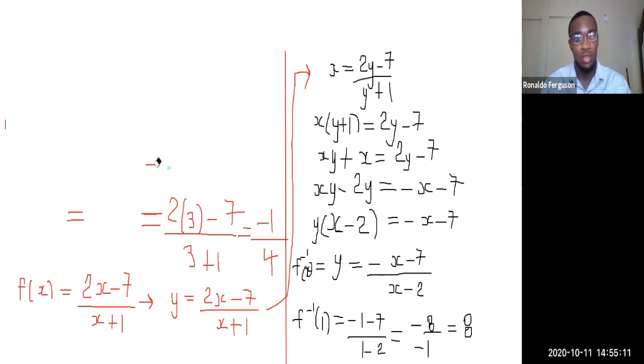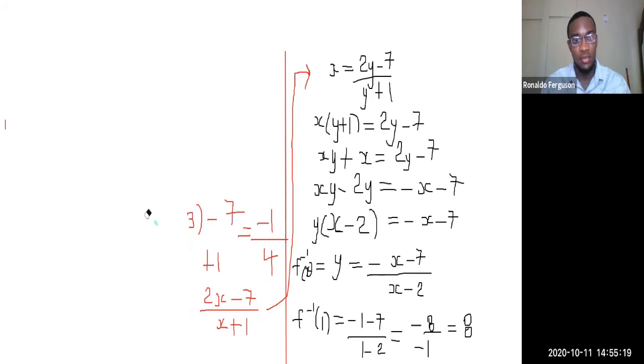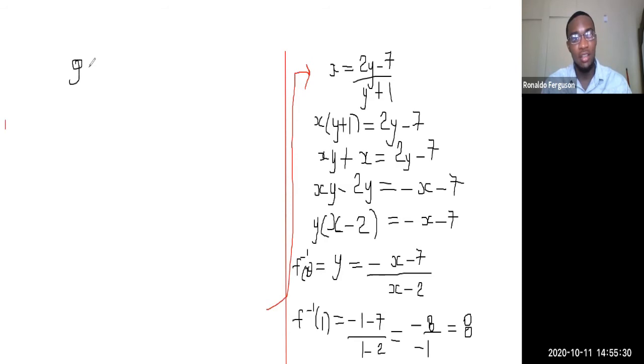I mistakenly took away the question, but I remember what the function was anyway. Alright, so anyways, the function g of x was the square root of x plus 3.